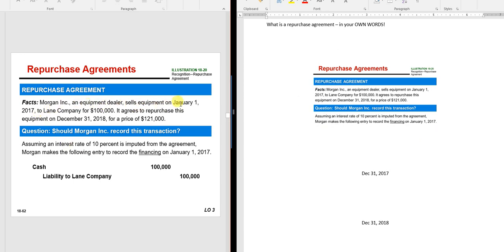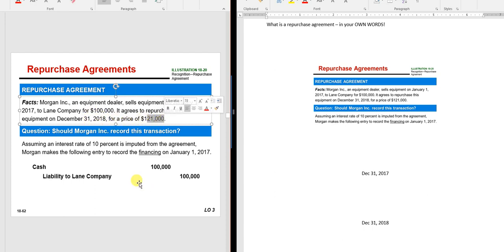They're an equipment dealer. They sell equipment on January 1st to Lane for $100,000. It agrees to repurchase his equipment on December 31st, 2018 for $121,000. So I hope your mind is thinking there is $21,000 of interest for the period January 1st to December 31st, 2018. That's 2 years of interest.